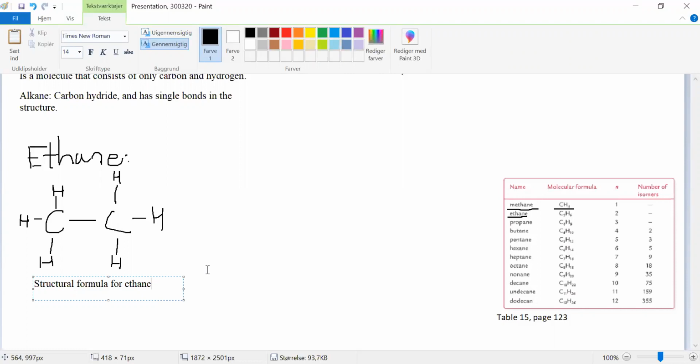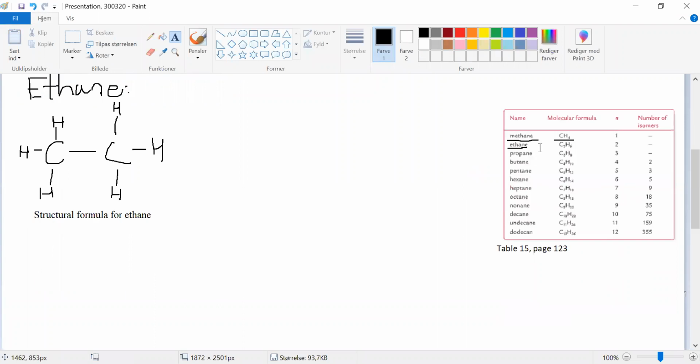Because it's a lot easier to draw it on a piece of paper than drawing it in Paint. Okay, so this table I have here on the right is a table that you're going to use quite a lot until you can memorize this. So you should memorize all the different names that we have here.